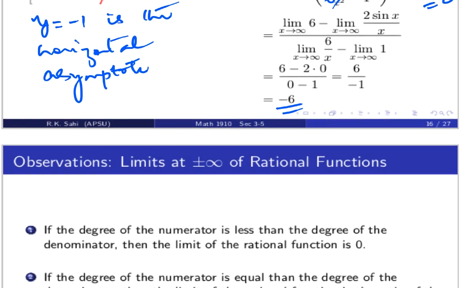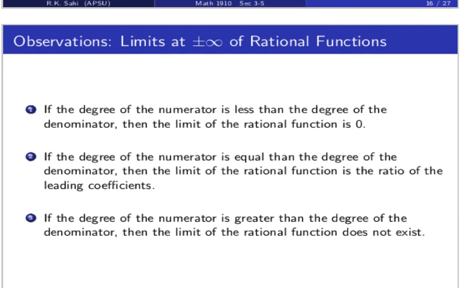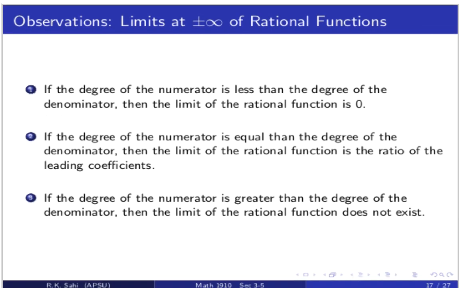Okay. This is the most important observation for us, guys, which I just talked about also a few minutes earlier, that if the degree of the numerator is less than the degree of the denominator, the limit of the rational function is 0.